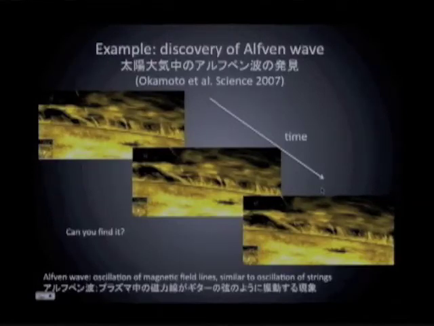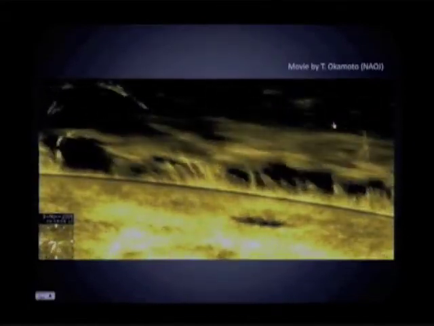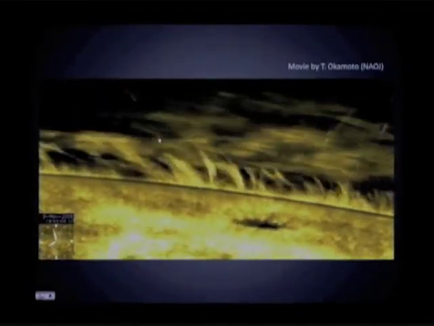You can see the arrow, and can you find the Alfven wave? Maybe it's hard, but when you transform that data into images and an animated picture, you can see the oscillation very clearly. So the upward and downward movement is in line with the magnetic field lines.